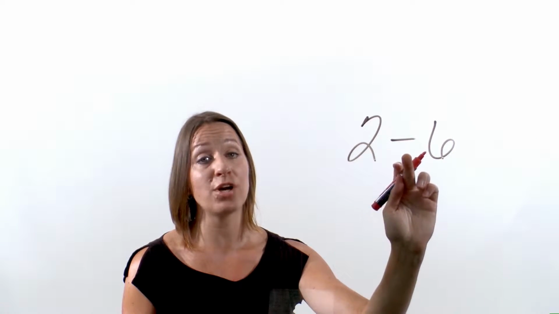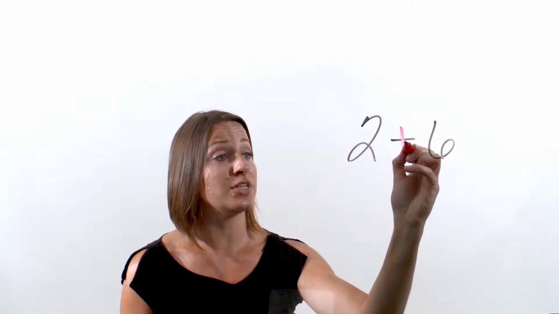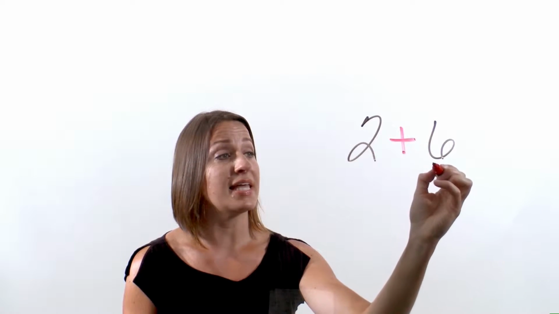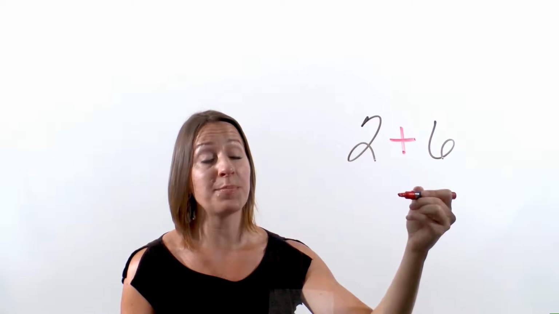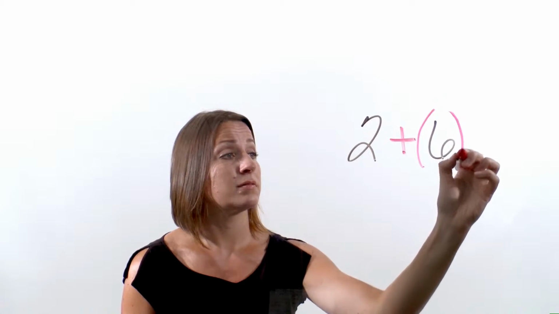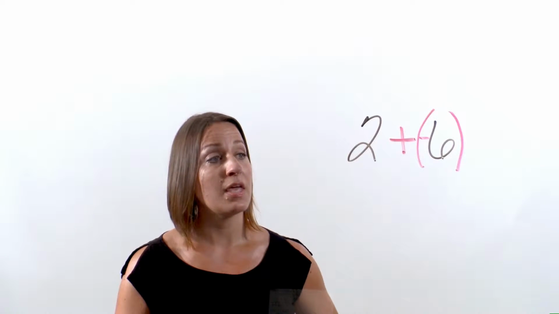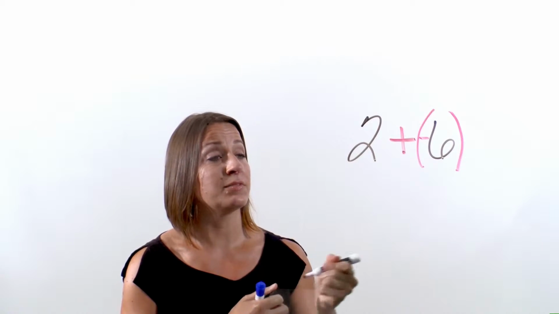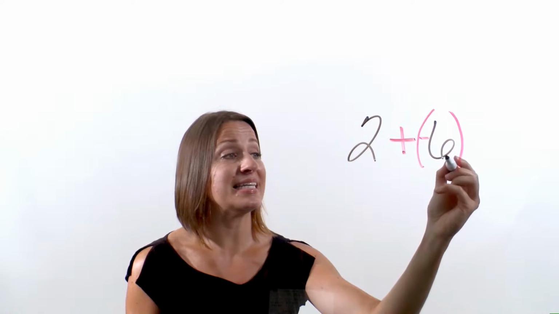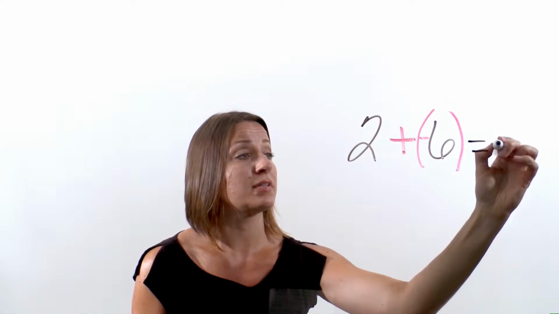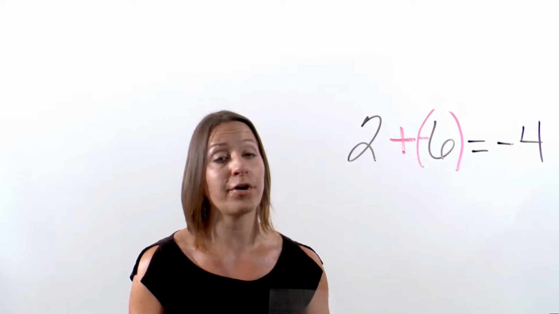We take this subtraction sign and change it to an addition sign. And the 6, we use the opposite sign. It's going to be a negative 6. Now 2 plus negative 6 is a negative 4.